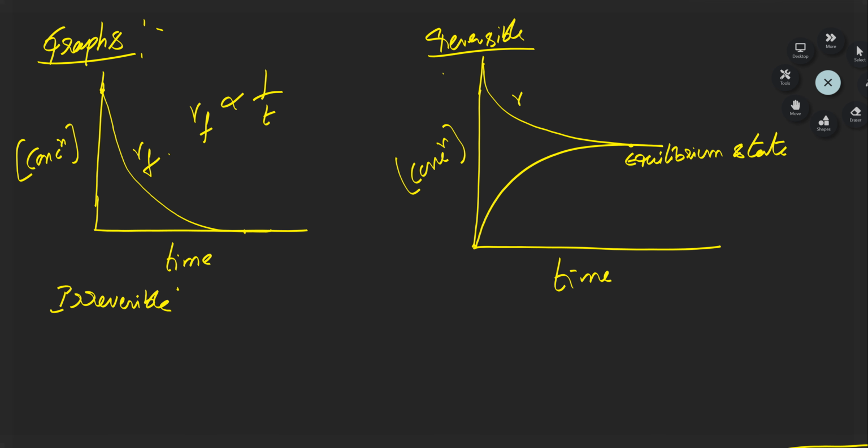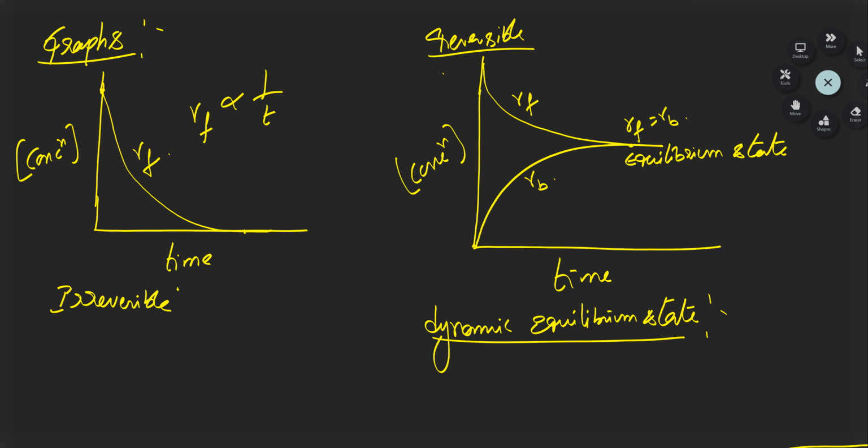This one is the rate of the forward reaction, products increasing, the rate of the backward reaction. At this point Rf is equal to Rb. Now this is the equilibrium state. What does dynamic equilibrium mean?